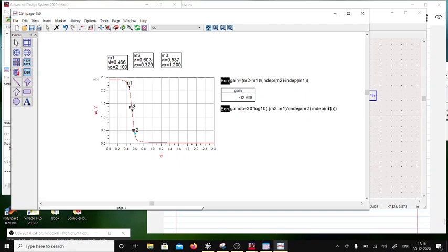This would be the gain. Let me put here gain in dB, Control C, Control V, and here I just put dB and change the name. So 22 dB is the gain. This is called analysis.